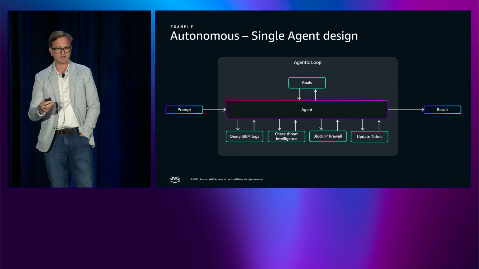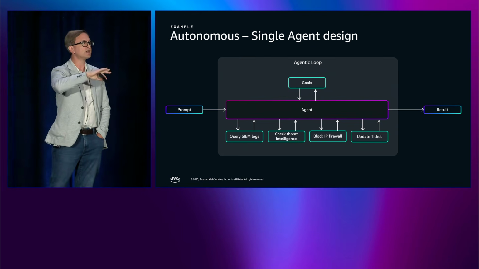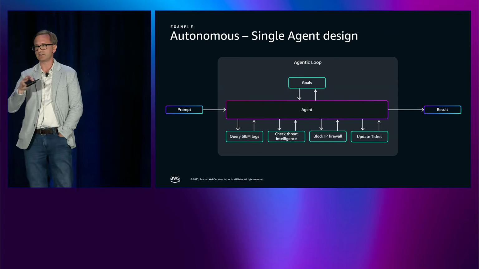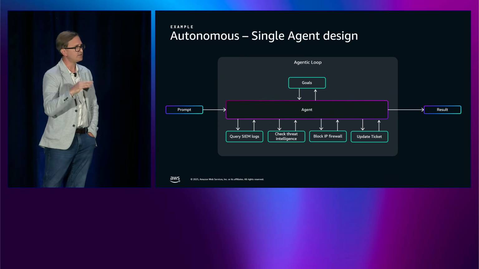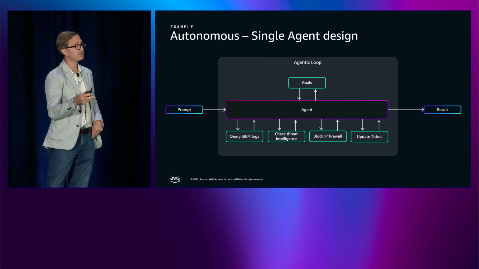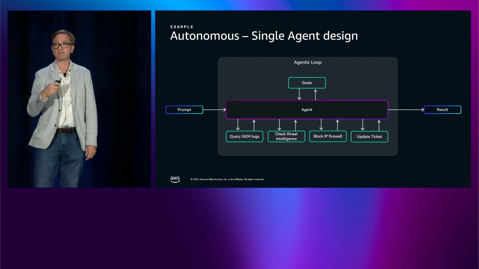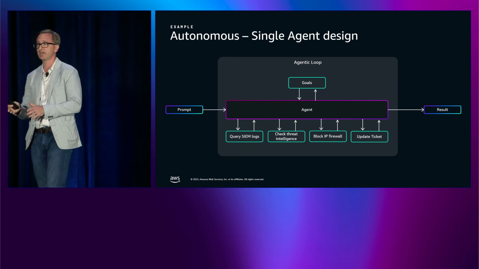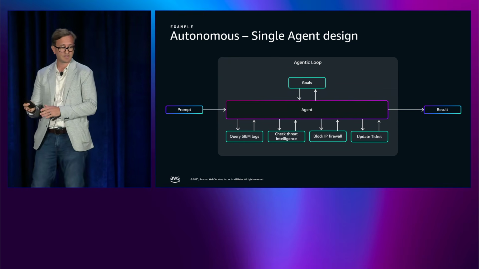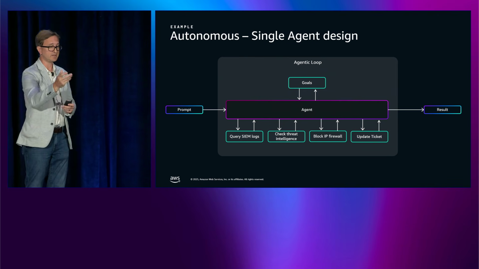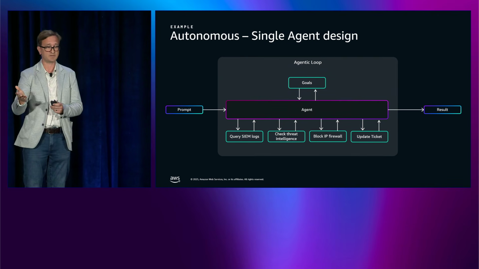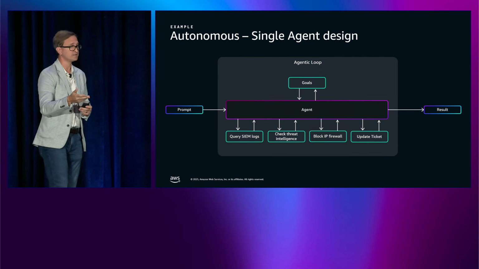And so the agentic loop is going to be doing a lot more of the decision making, and in fact, there is no set workflow here. The agentic loop is going to rely upon the LLM to make a decision about what to do next for every single step of this operation. So the LLM could simply decide to query the SIEM logs and then go straight to updating the ticket without even checking the threat intelligence, let's say.